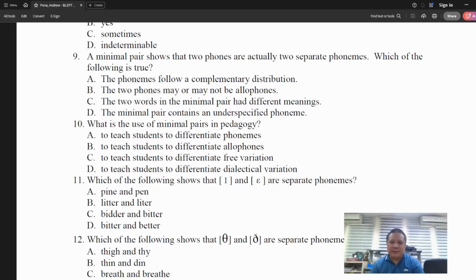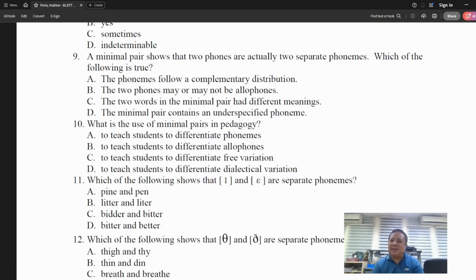Number 10. What is the use of minimal pairs in pedagogy? A. To teach students to differentiate phonemes. B. To teach students to differentiate allophones. C. To teach students to differentiate free variation. D. To teach students to differentiate dialectical variation. The answer is A. To teach students to differentiate phonemes.